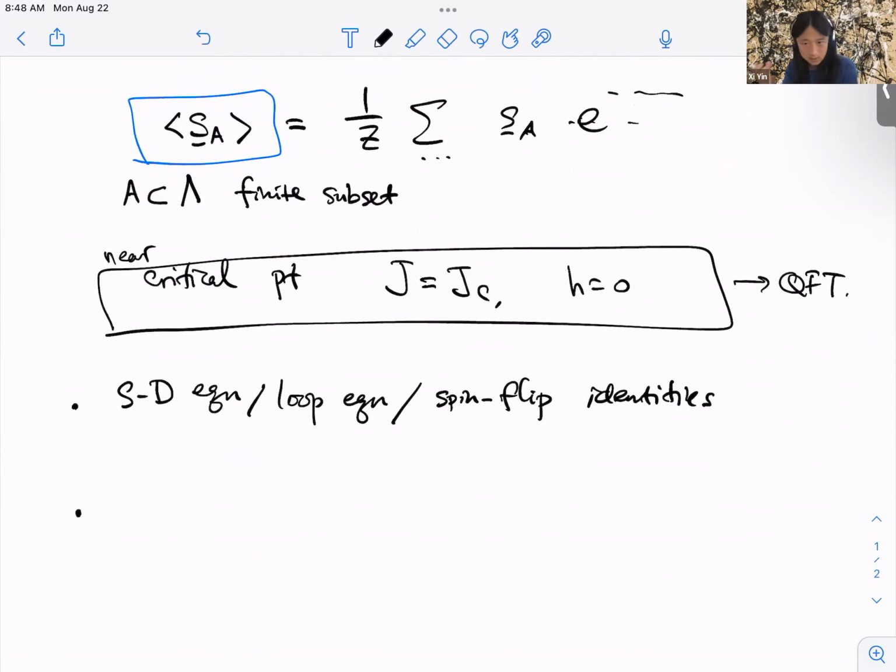But the 2D model with a non-zero magnetic field is not exactly solvable. So if you start at the critical point for the 2D Ising model and go a little bit away from J_C, as well as turn on a little bit of magnetic field, then you arrive at the so-called 2D Ising field theory, which I would say is actually the simplest non-integrable quantum field theory.